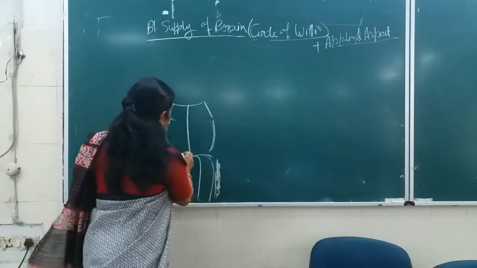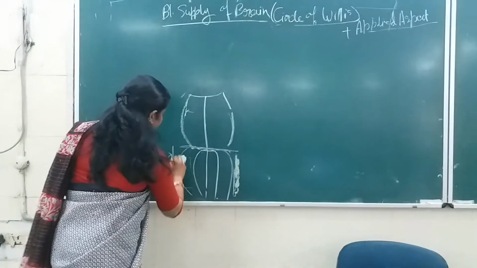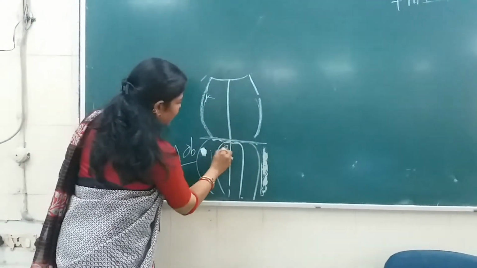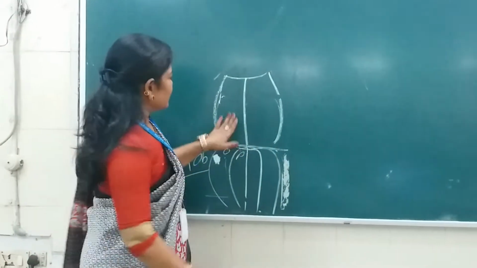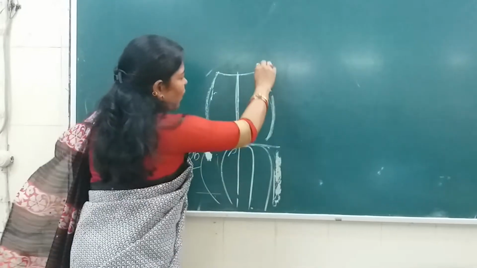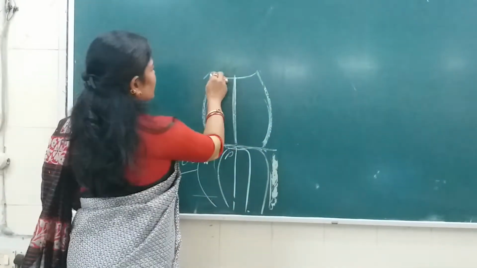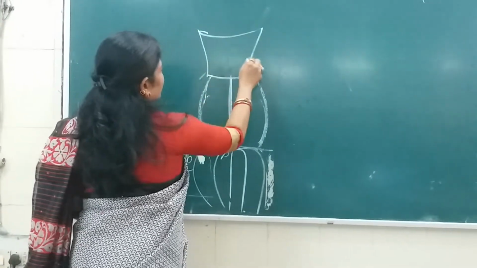So we have discussed all about this. This is the medulla oblongata here, isn't it? This is the pyramid, this is the olive, and here it is the pons. This is the median sulcus, or the basilar sulcus, of the pons. And above it is the midbrain here.